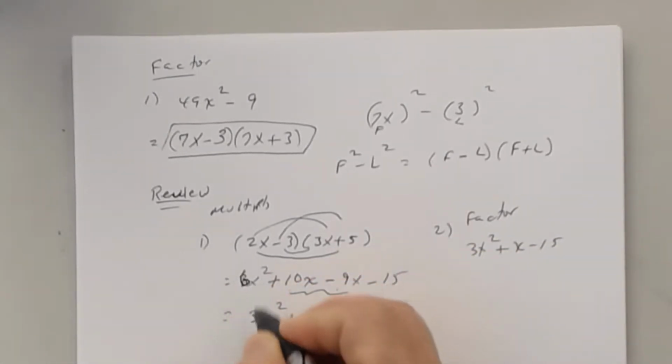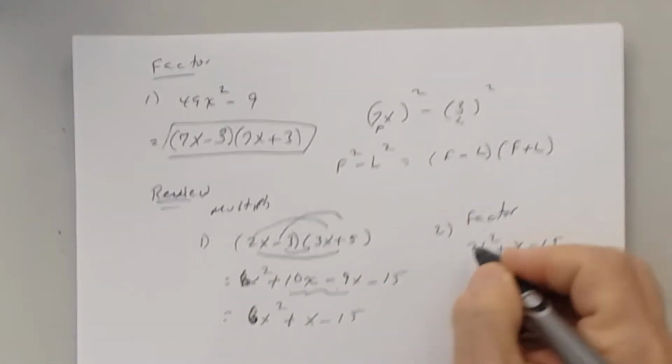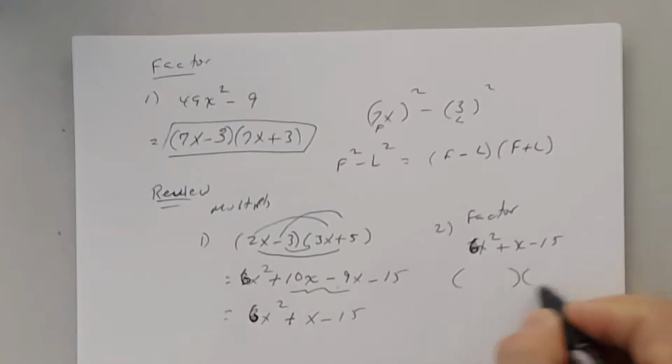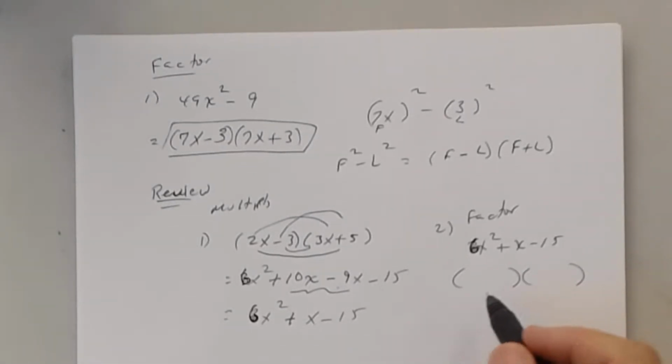So when you're asked to factor 6x squared plus x minus 15, what were the two binomials you were supposed to write? That shouldn't be difficult, guys. I'm factoring this right here. What should be the answer?